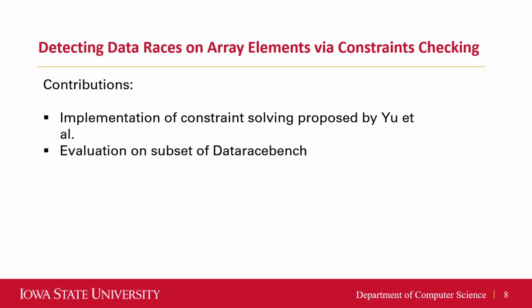And I wouldn't say this is a contribution, but the way we do things differently is that in the original work, they use symbolic execution, not only for finding the trace of the data race, but also on a version of the C code without OpenMP pragmas, to get the values of the variables that can help with solving the constraints.